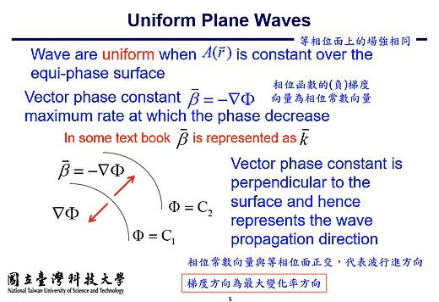The direction that is perpendicular to the surface, the direction that is orthogonal to the plane. 所以跟那个面等相位面正交的方向可以给你最大的相位变化率。Okay, so that will be the direction of gradient of phi.